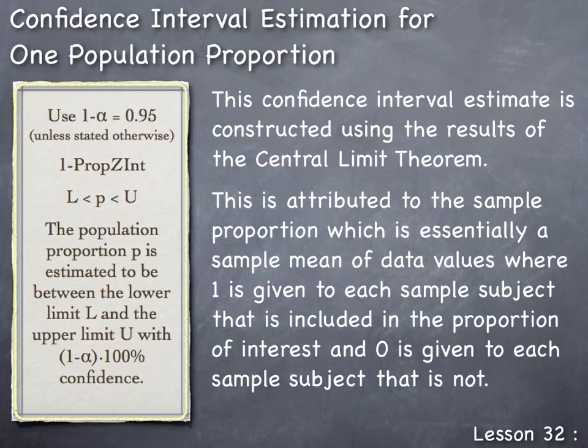See, the results of the central limit theorem apply to the distribution of the sample mean, x bar. But the sample proportion p hat is essentially a sample mean where we add up all the data values and divide by n, the total number of data values, where the actual data values in the proportions are zeros and ones. 1 if we are counting it because it is included in the proportion, and 0 where we're not counting it because it's not included in the proportion.